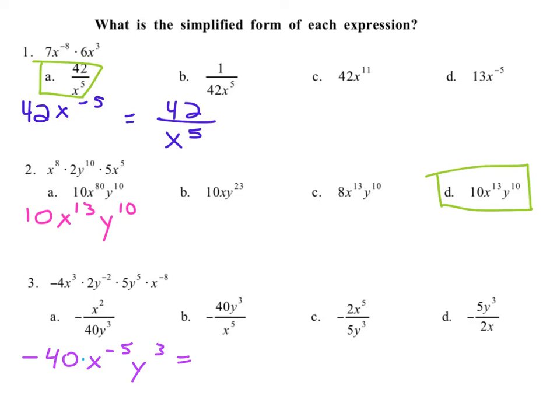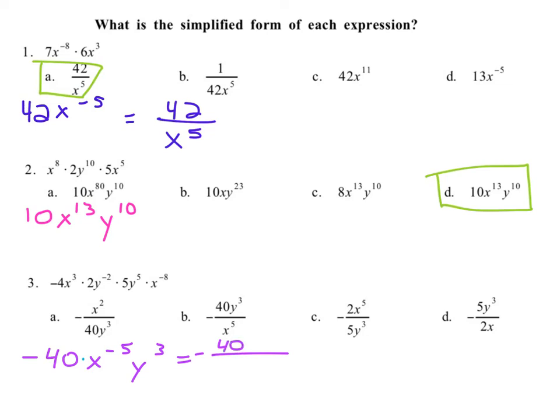So what does that look like for us on this problem? We've got negative 40. Actually, let's say we've got a fraction now because we need to move something to the bottom. So we're going to have a negative 40 on top. Or alternatively, that negative could be out front. As long as the whole fraction has become negative, then that's totally acceptable.